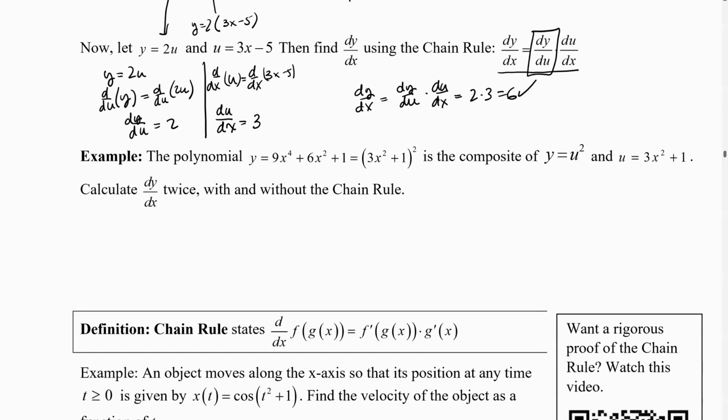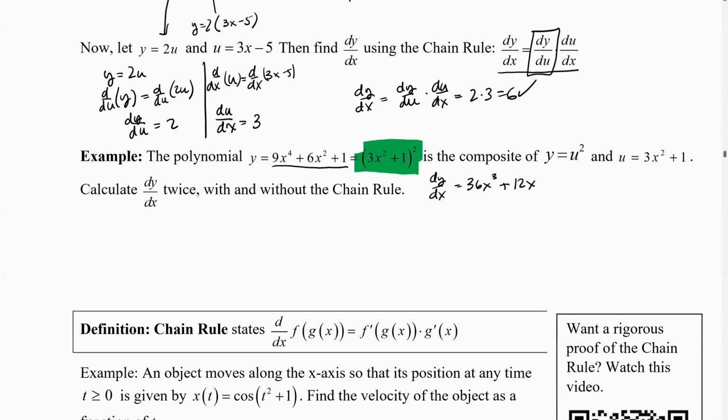Take a look at this polynomial. 9x to the fourth plus 6x squared plus 1. And if we just did the dy/dx, we'd end up getting what? 9 times 4 is 36x cubed plus 12x, if we had it this way. But imagine instead the problem was presented this way.